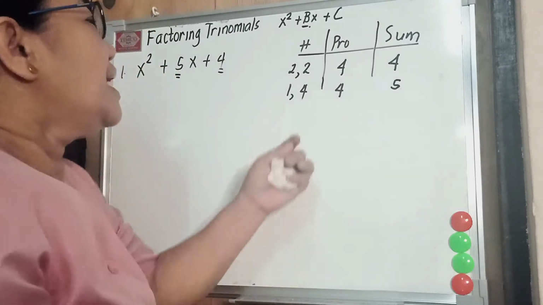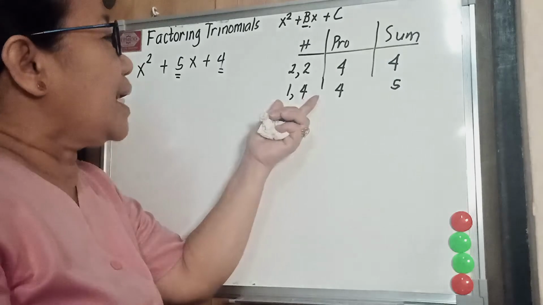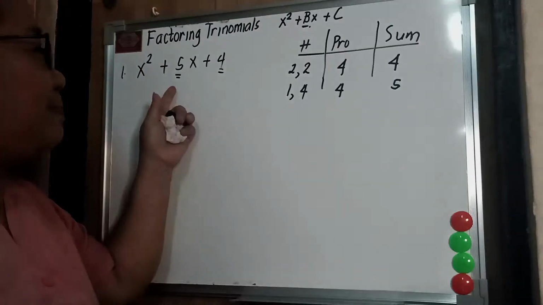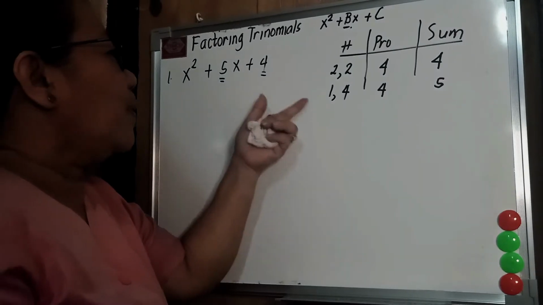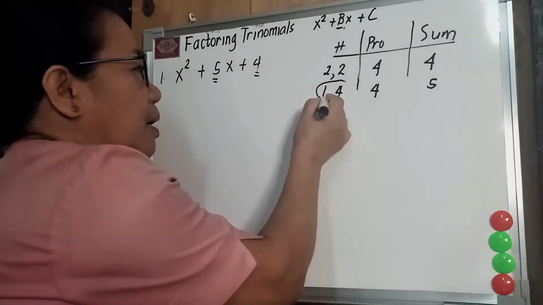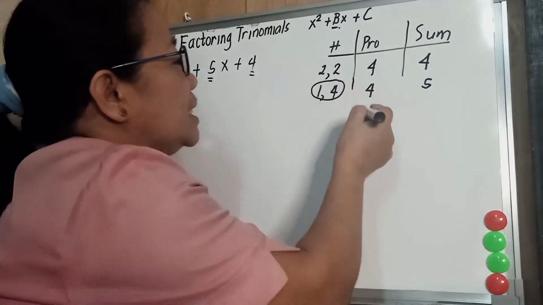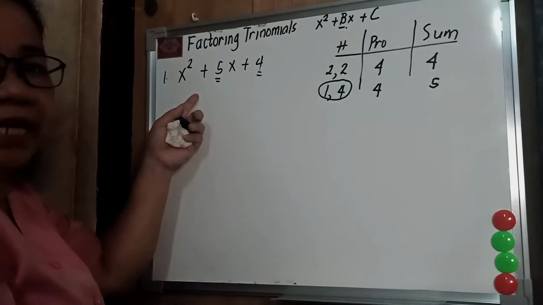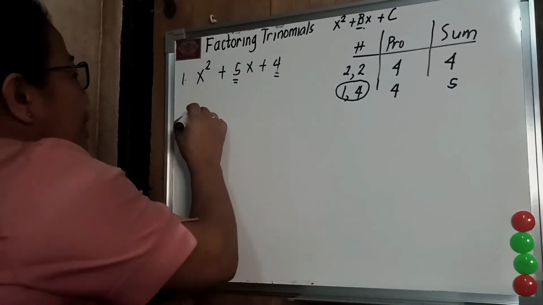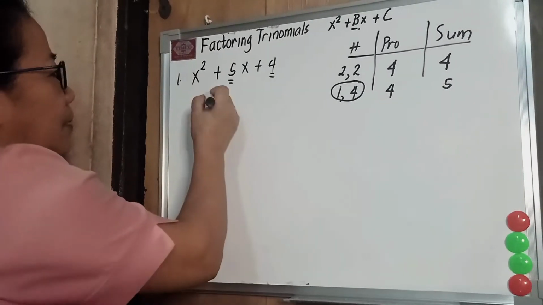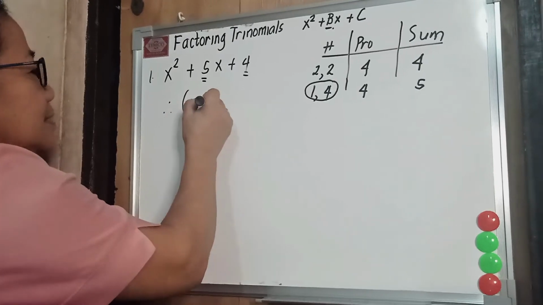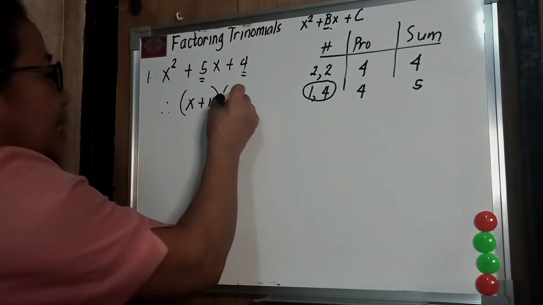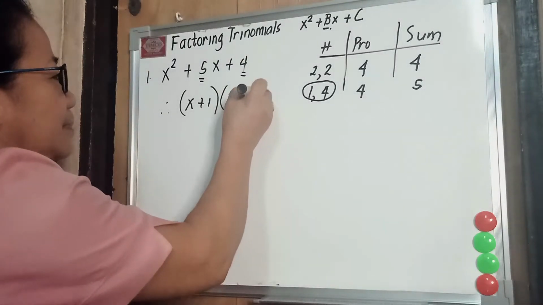Since the sum of 1 and 4 is 5, which is equal to the middle term, 5x, we can use this pair of numbers in forming the factors of this trinomial. Therefore, we have the factors x plus 1 and the quantity x plus 4.